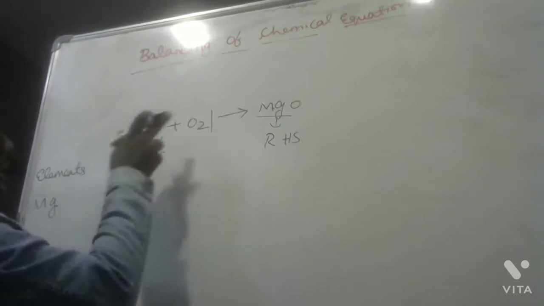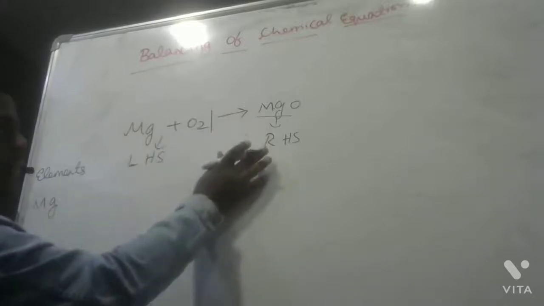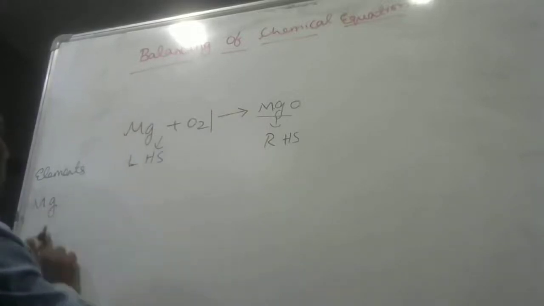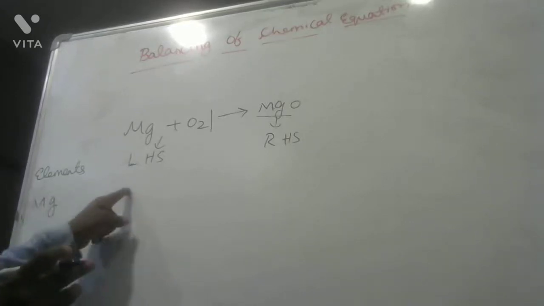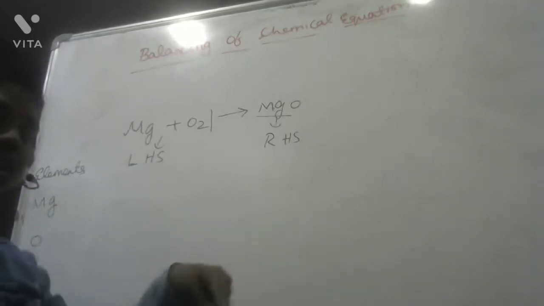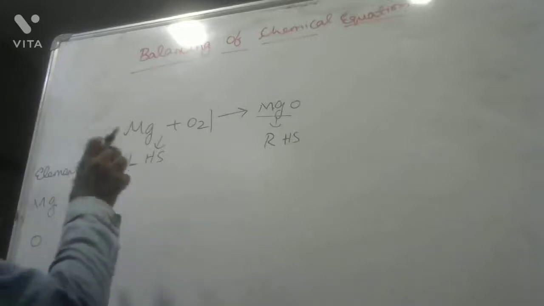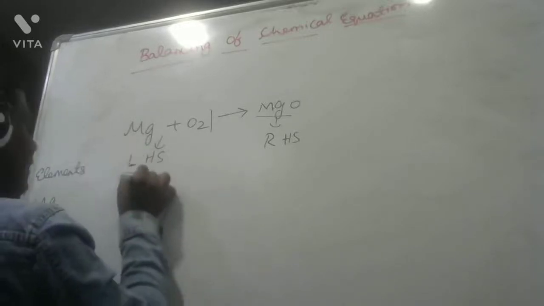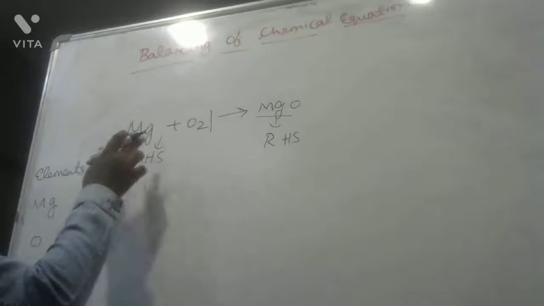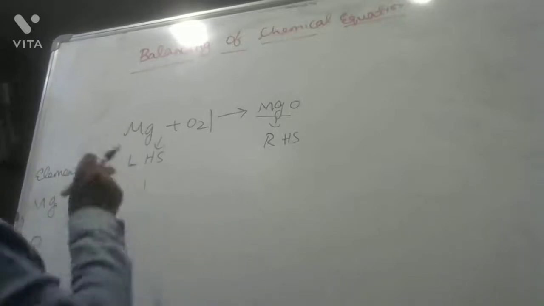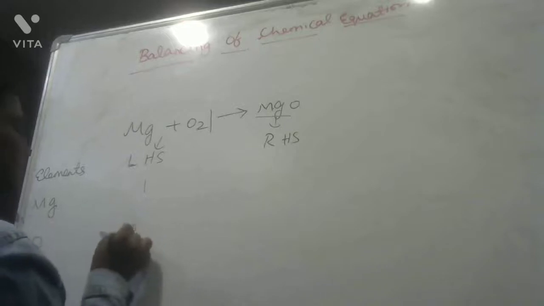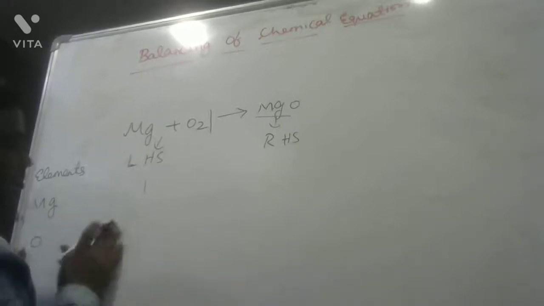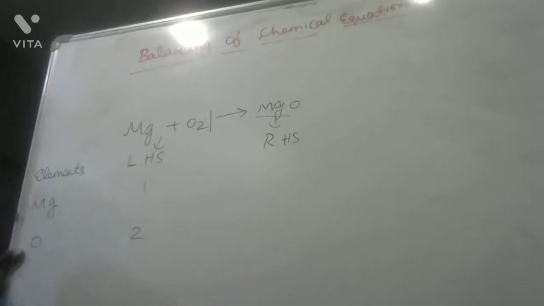Now on the LHS side and RHS side, what we are writing is the subscript. Mg is having 1. If nothing is there, then we imagine it as 1. Mg is having its subscript as 1. Oxygen is having subscript as 2.